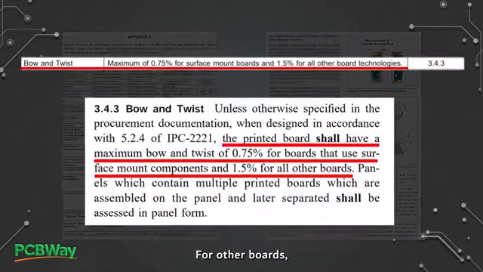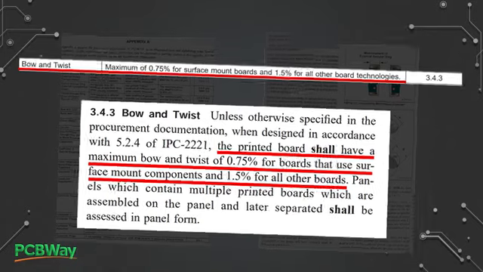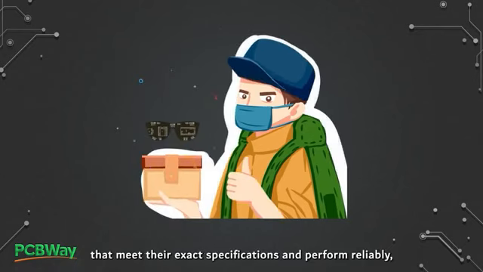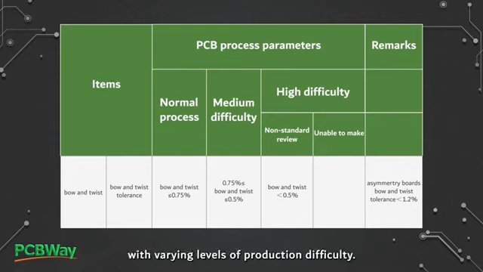For other boards, the maximum allowable bow and twist is 1.5%. To ensure that our customers receive PCBs that meet their exact specifications and perform reliably, we specify bow and twist tolerances for the processing of PCBs with varying levels of production difficulty.